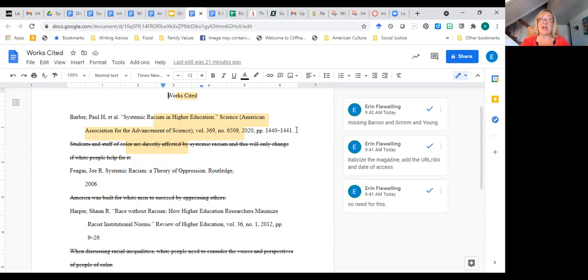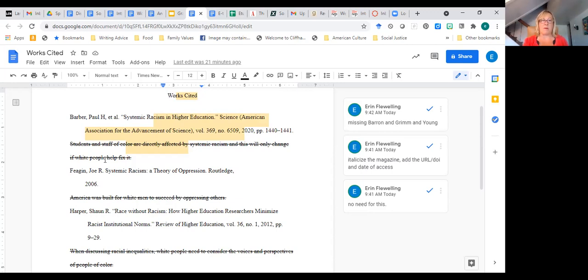By the way, in the slide deck that I created, all of that is on MLA, all of that is explained. The other thing I want to indicate is that in your proposal, I asked you to create a works cited page and tell me why a source mattered, what you were learning from that. All of that can go away now because you've expanded in the body of your paper. So just cross that out.